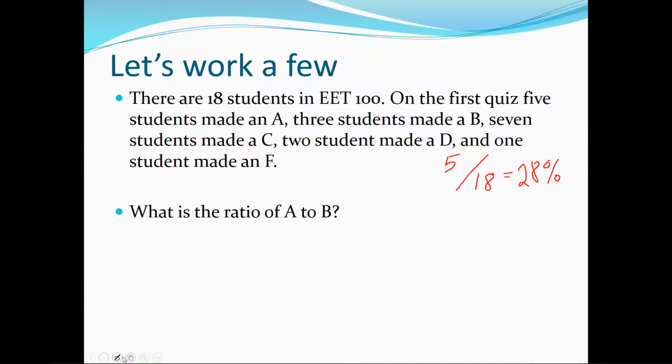So what is the ratio of A's to B's? Again, we need to go through our word problem and find the pieces we need. We know from the previous problem we had 5 students with A's. How many students had B's?